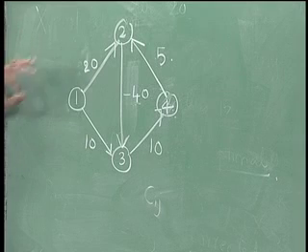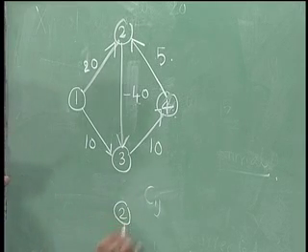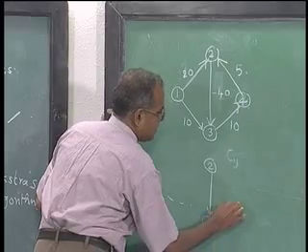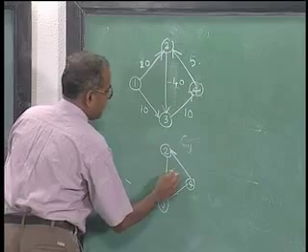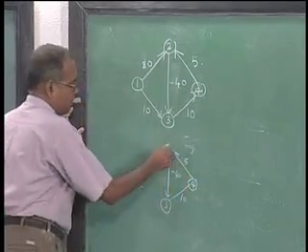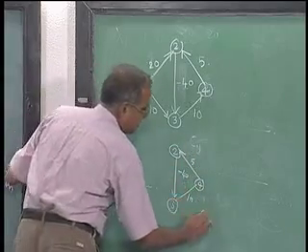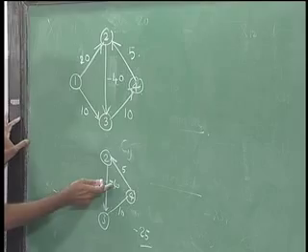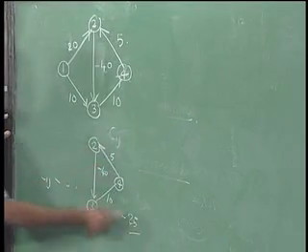Now, the disadvantage with a network like this is, if we look at 2 to 3, 3 to 4, 4 to 2, we have minus 40, 10 and 5. So, if we look at this cycle, it has a total length of minus 40 plus 10 minus 5, which is minus 25.